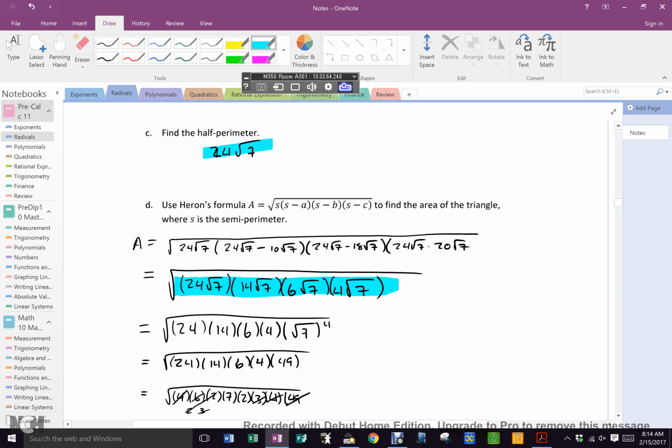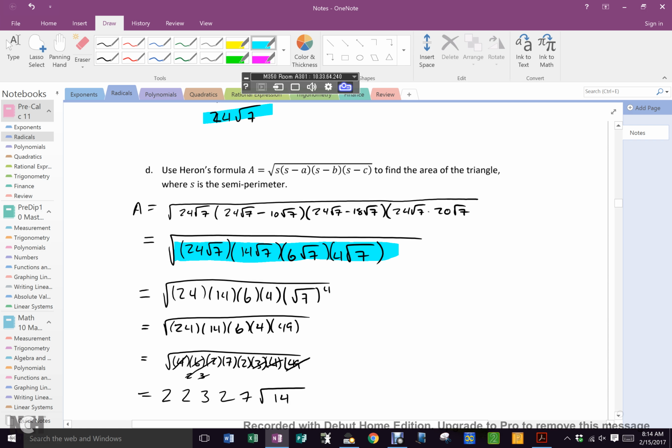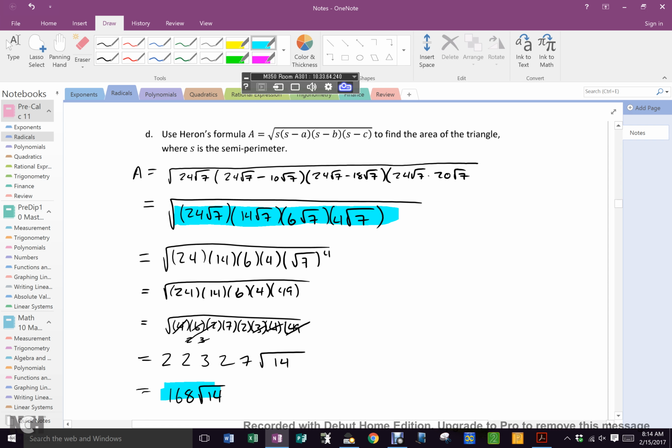If, however, you continued onwards, you found that the answer was the root of 168, or 168 root 14. But if you stop there, I'm perfectly happy with that because there's no shame in forgetting how to multiply radicals because you haven't done it for a year. Which is why we're going to do that today. Okay?